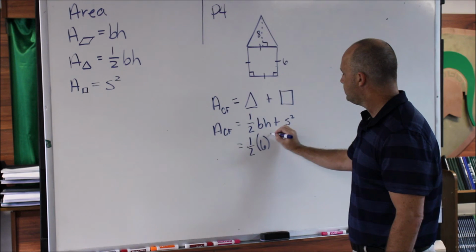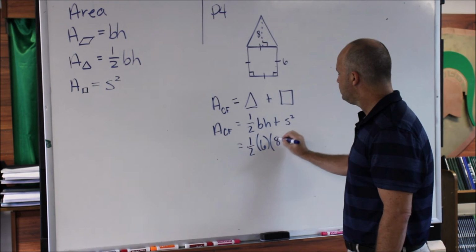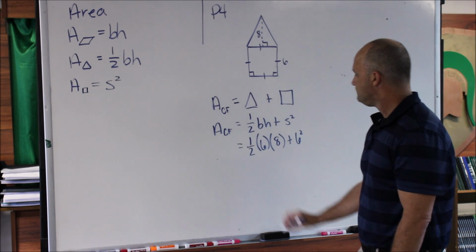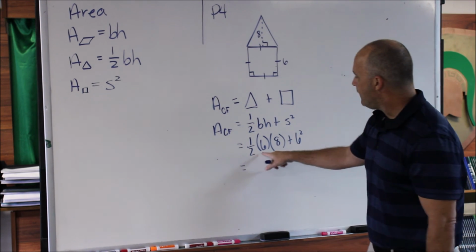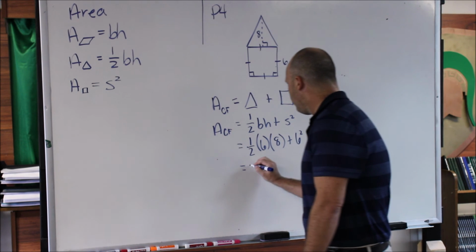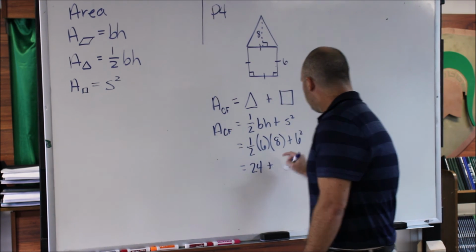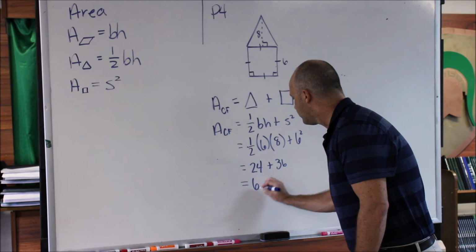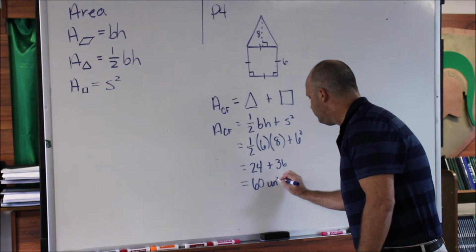So 1/2 of 6 times the height, which is 8, plus the side, squared. 1/2 of 6 is 3, times 8 is 24, plus 6 squared is 36, and so we get that the area of the composite figure is 60 units squared.